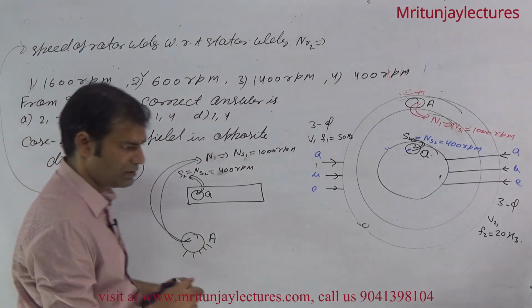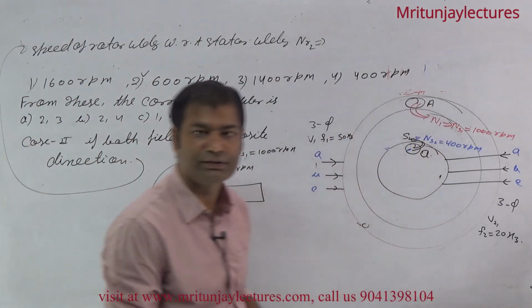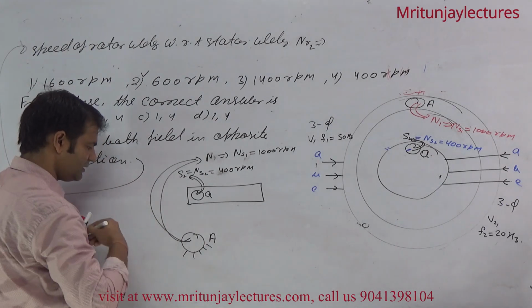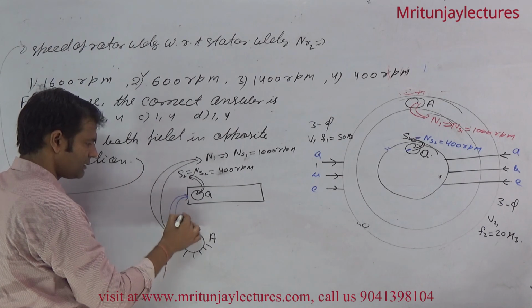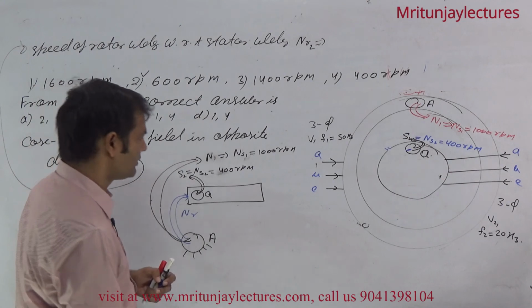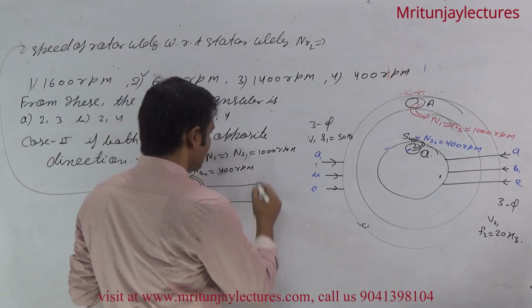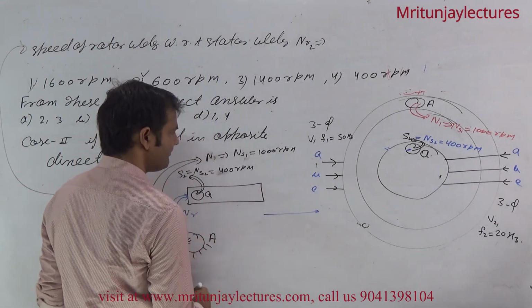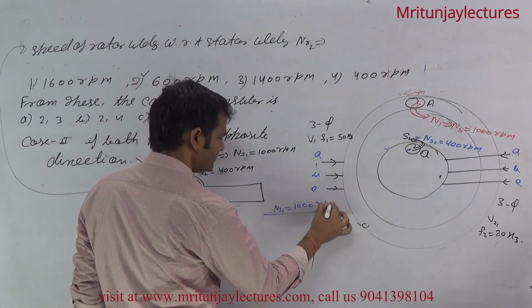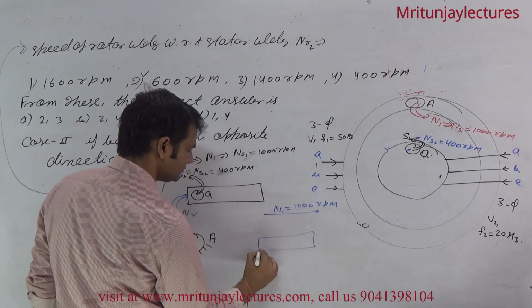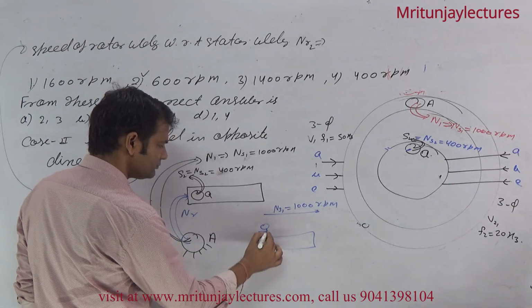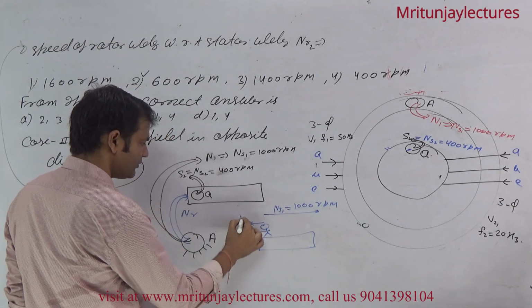Once again you see the stator field and rotor field. First of all we focus on NR moving in this direction or this direction. Once again, that is the helicopter at speed 1000 rpm, a train, and a boy running in the opposite direction at speed 400 rpm.